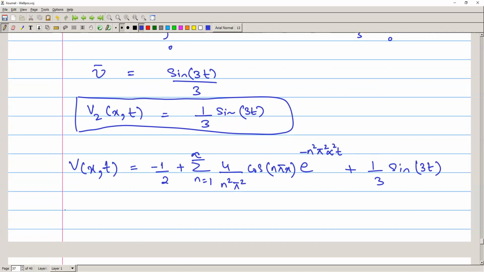So the general solution will be u of x comma t is equal to v of x comma t plus w of x comma t.